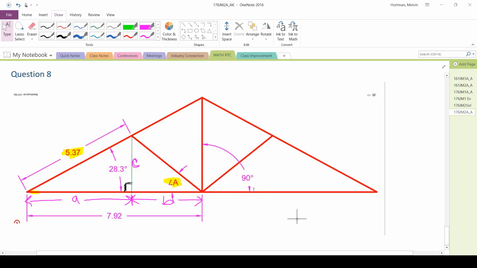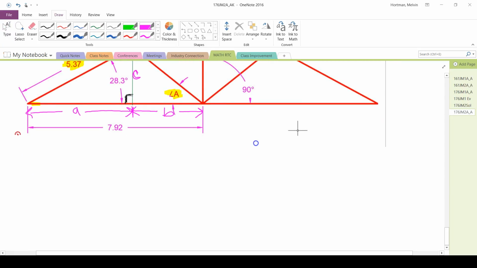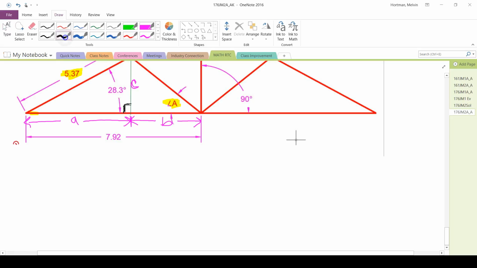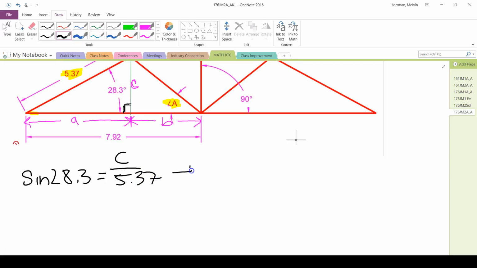And then solve for angle A using an inverse tan function. So let's write all that out. Let's get cracking here. So the first one is sine of 28.3 equals C over 5.37. That's going to end up giving us C equals 5.37 times sine of 28.3.